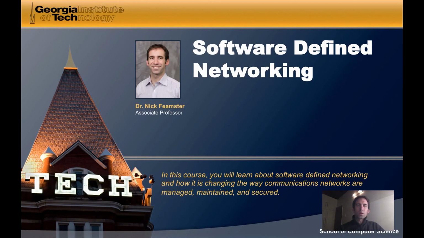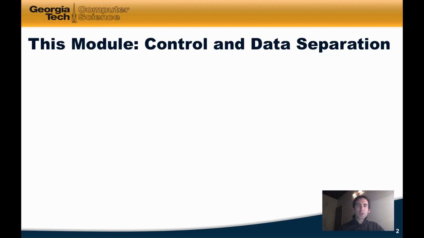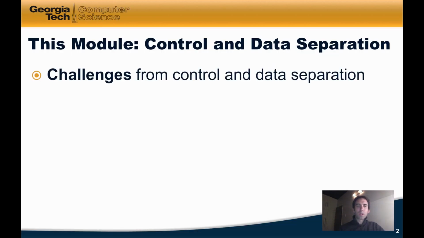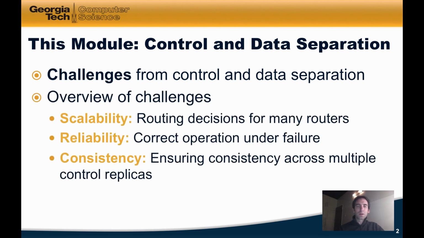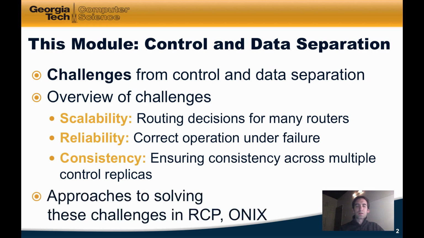Welcome back to the course on software-defined networking. In this lesson, we're continuing our discussion of the control and data plane separation, and in particular, we're talking about the challenges associated with separating the data and control planes. We'll overview several challenges associated with the separation of the control and data plane, including scalability, reliability, and consistency.